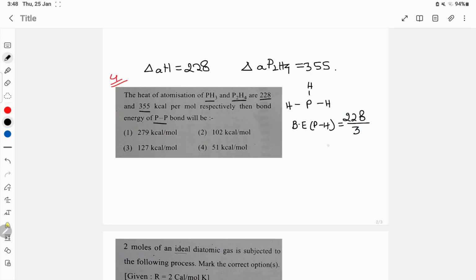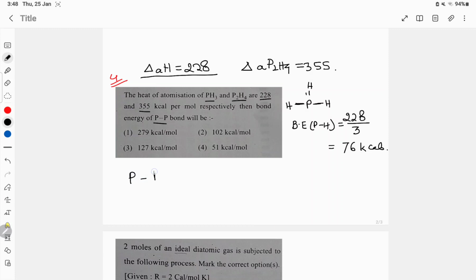Three 7s are 21, 3 6s are 18. Clear? This is the enthalpy of atomization for PH3, and in PH3 there are 3 P-H bonds, so the bond energy of the P-H bond will be the amount of energy divided by 3, that is 76 kilocalories.